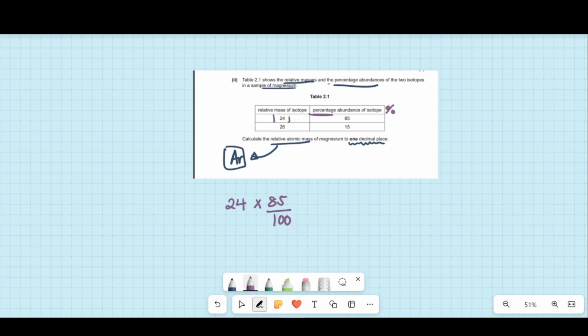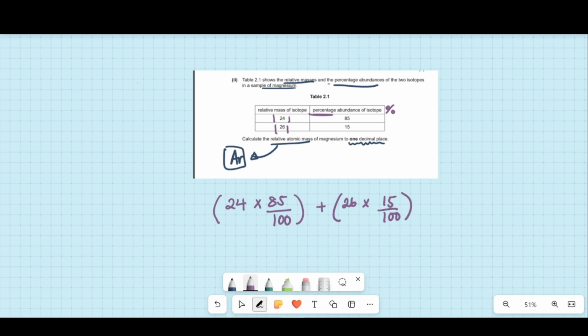This is where some people could be confused. It's a percentage, guys. Plus, it's kind of like averaging it technically. And then your other one would be 26. So 26, the mass of the isotope, times 15%. It is not just the number 15, it's 15%. So that's all you do.